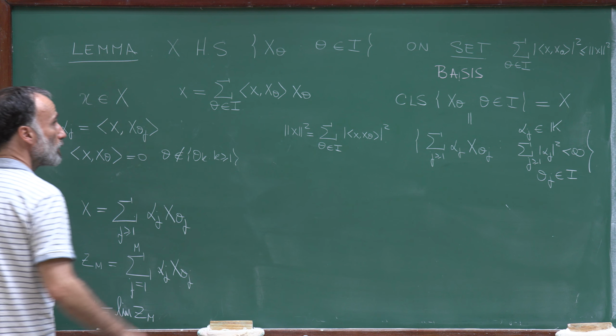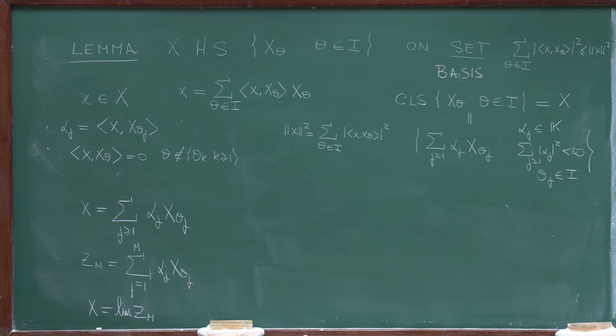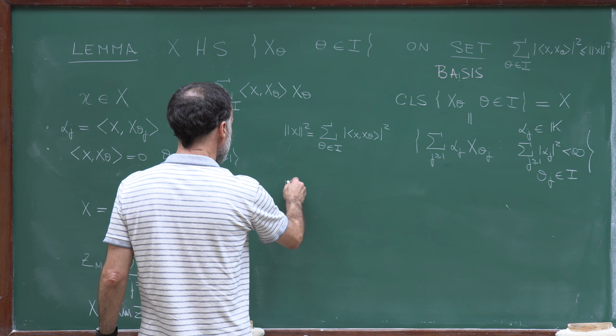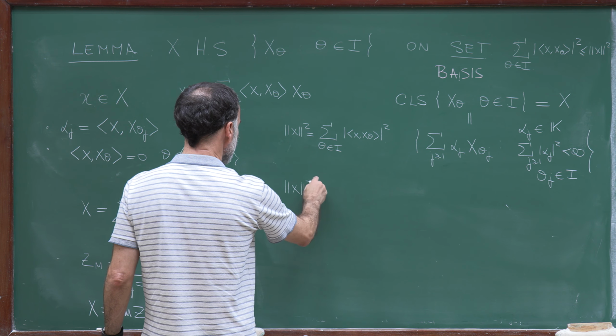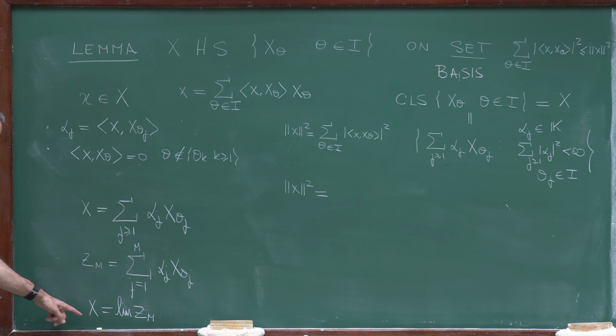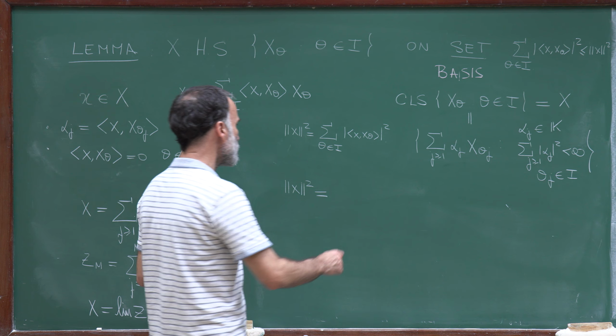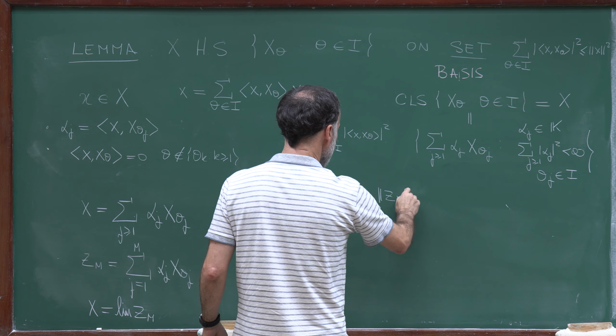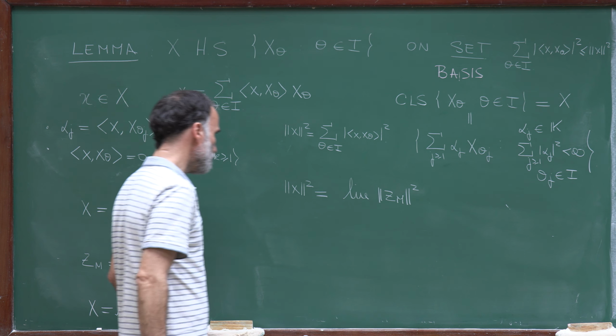Now let's finally prove this identity. So the norm of x squared is equal to, well, x is the limit of Zm, so the norm squared is the limit of the norm squared.